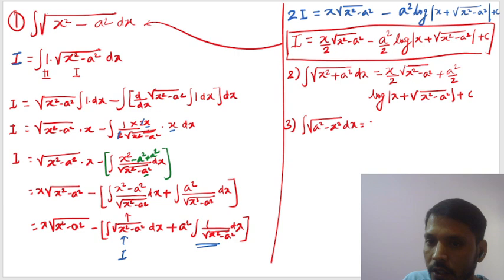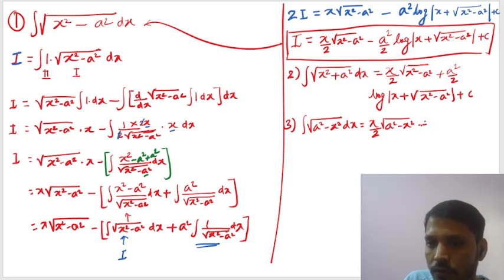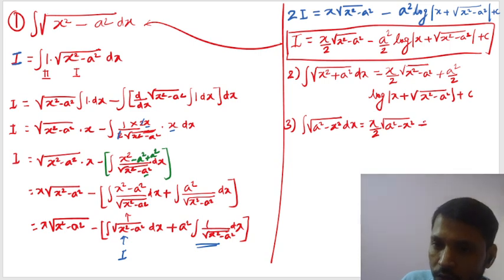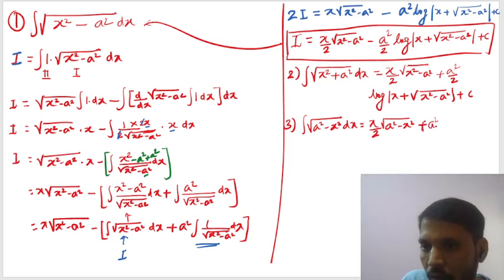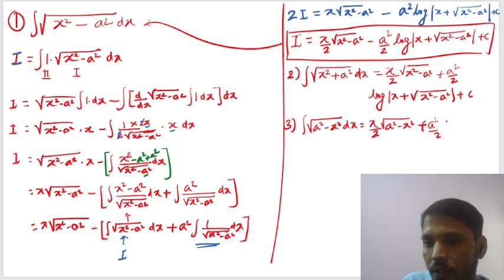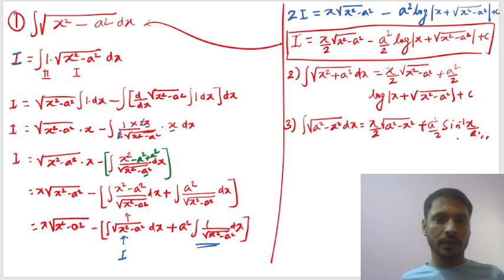Similarly, exactly the same: x by 2 and under root of the data as it is, that means a square minus x square, plus a square by 2, and since we know that the integration of 1 upon under root of a square minus x square is sine inverse x by a, it is sine inverse x by a. So these three formulas we have to apply in this exercise, right?